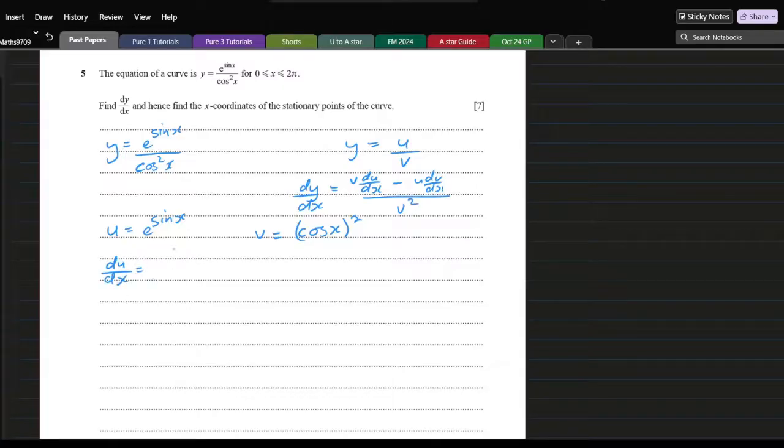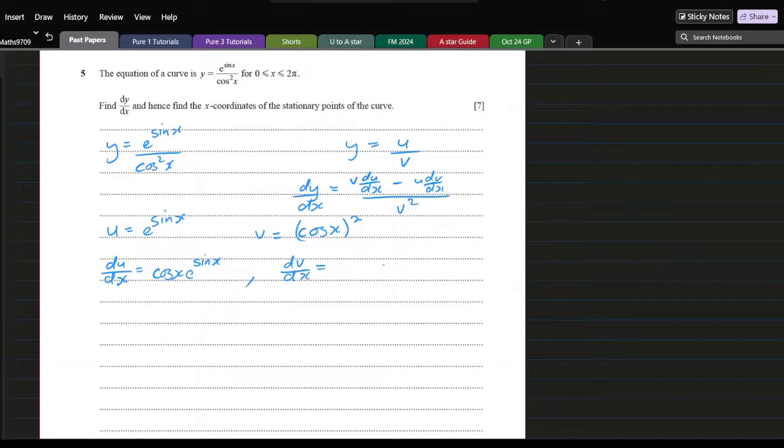To differentiate e to the sine x, we simply find the differential of sine x, and that multiplies e to the sine x. If you differentiate sine x, you get cos x, and that multiplies our u, so e to the sine x. And then we need dv/dx.